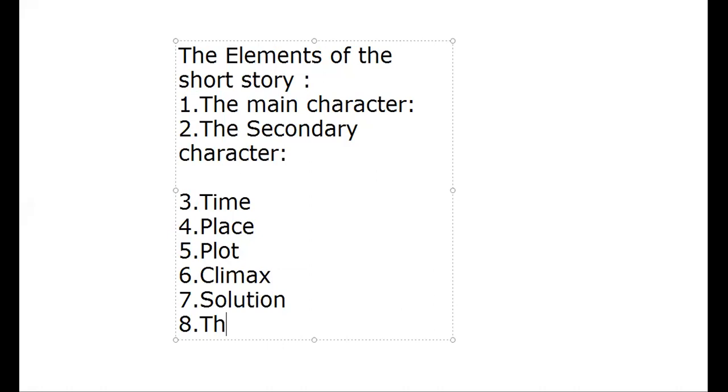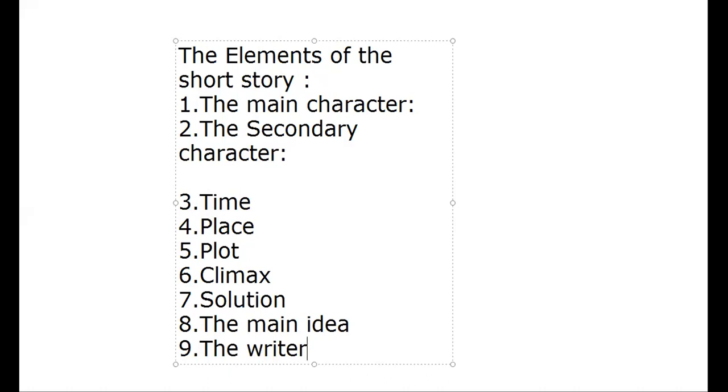Number 8, we have the main idea. Number 9, we have the writer, or the author.